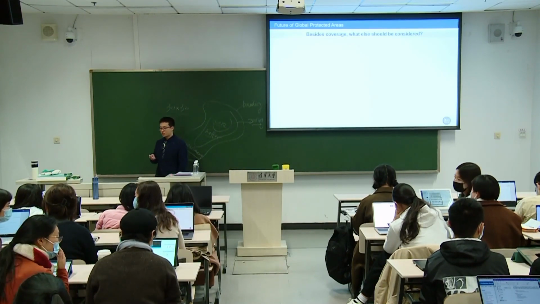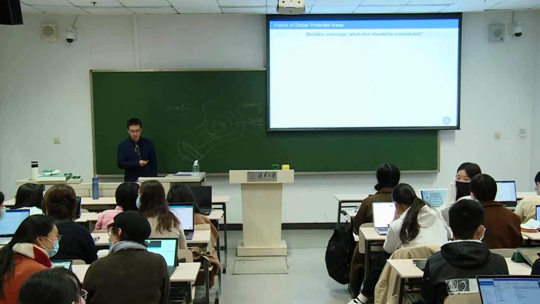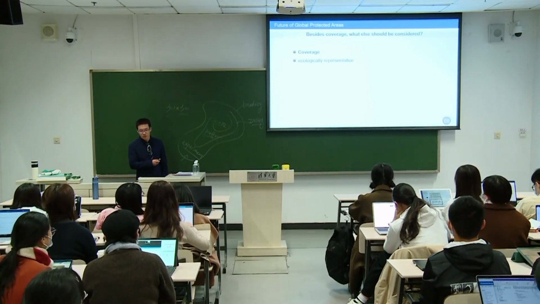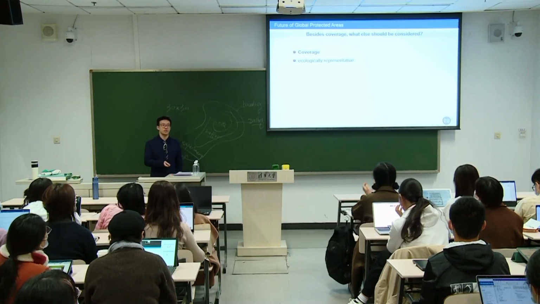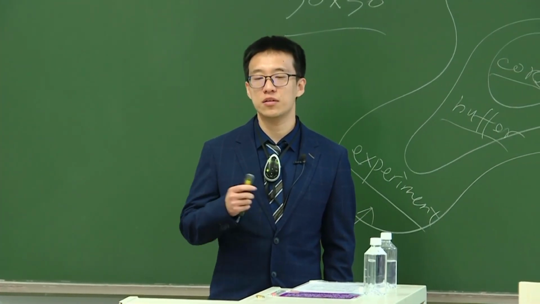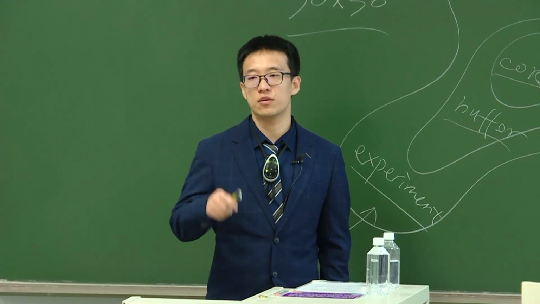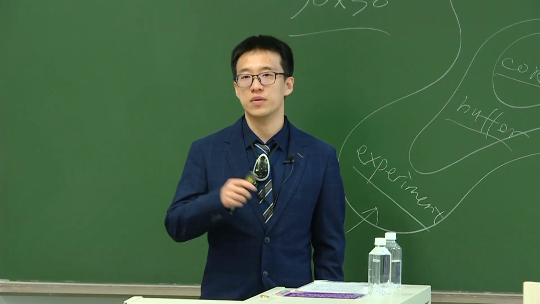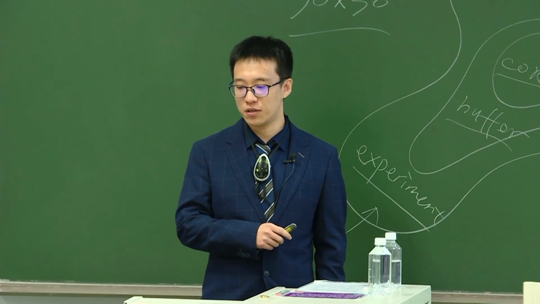Okay, let's look at the answer together. So besides coverage, we should also consider whether it is ecologically representative, because we have many types of ecosystem. The ideal state is that in each type of ecosystem, we have an ideal protected area system in that ecoregion or ecosystem.